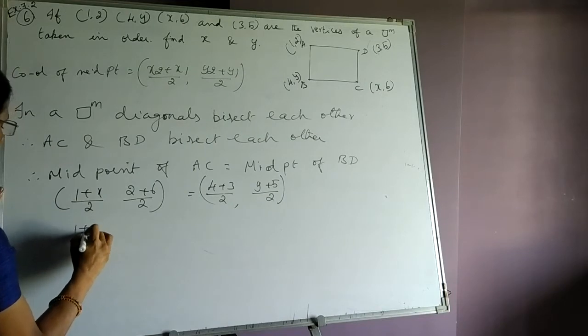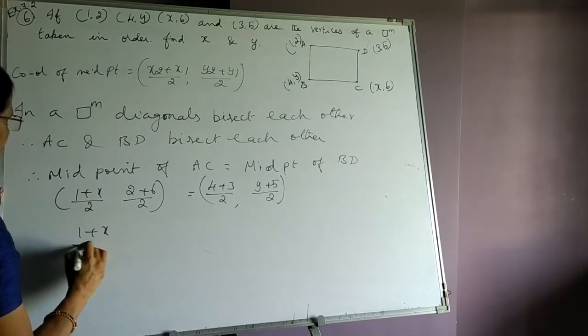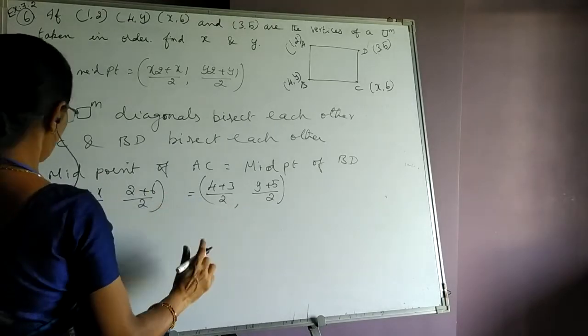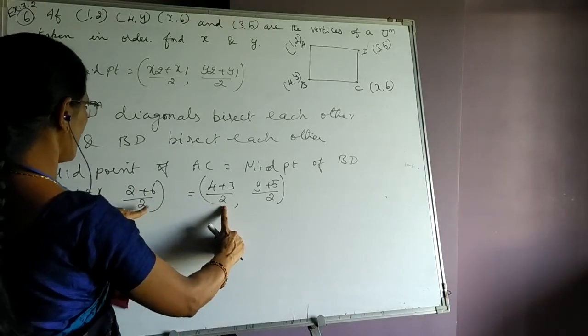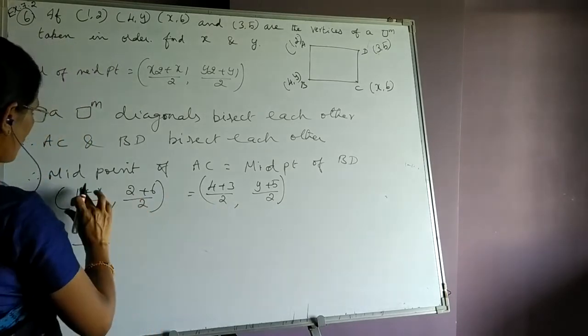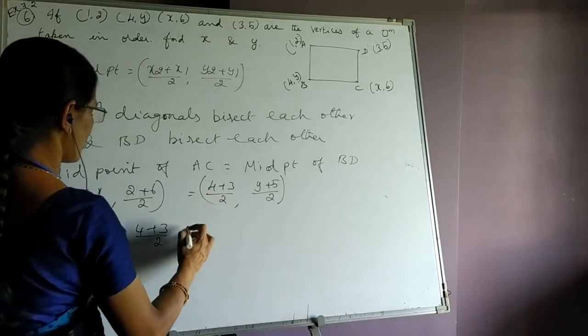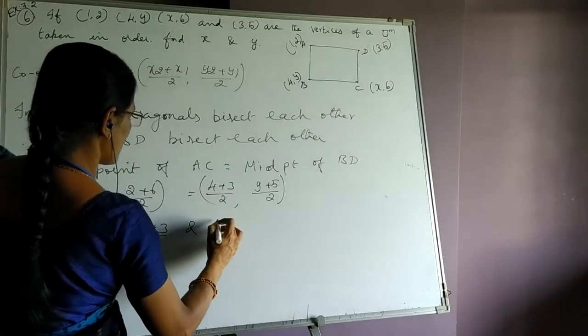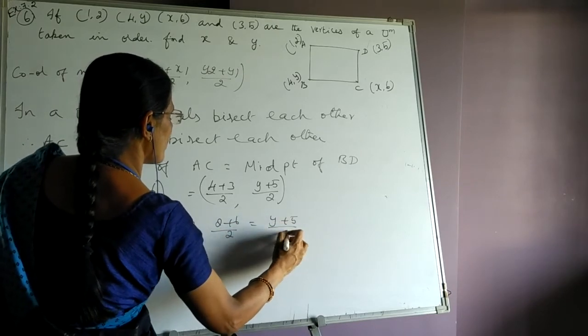So here it is 1 plus x upon 2. When two ordered pairs are equal, we know the terms in the first place we can equate together. Similarly in the second place. So 1 plus x upon 2 is equal to 4 plus 3 upon 2. And 2 plus 6 upon 2 is equal to y plus 5 upon 2.